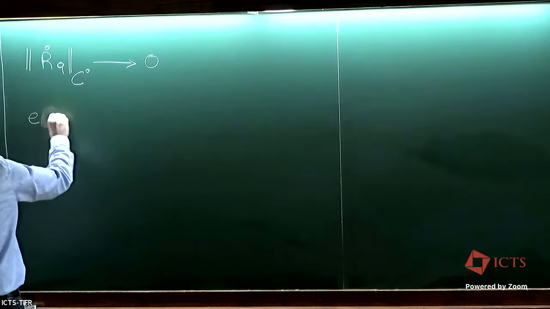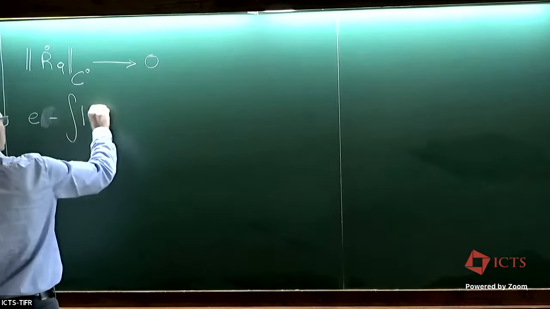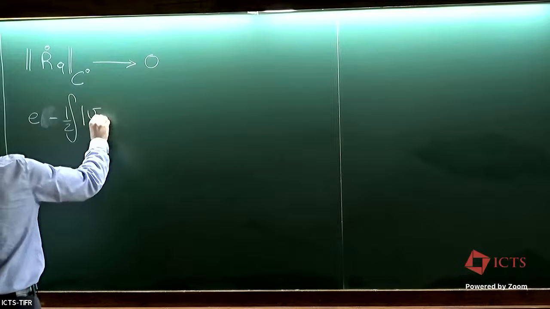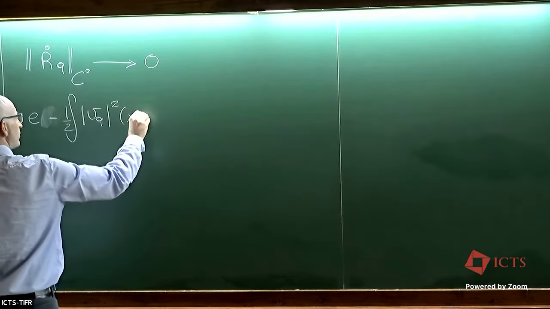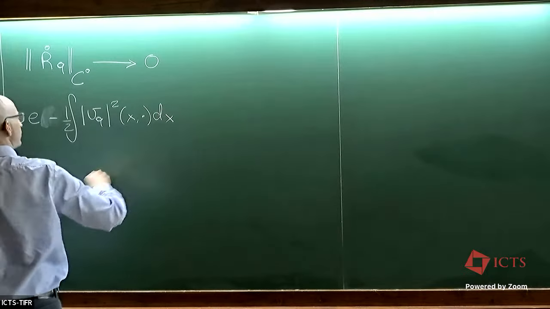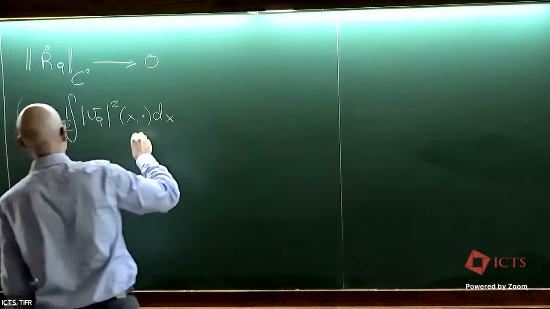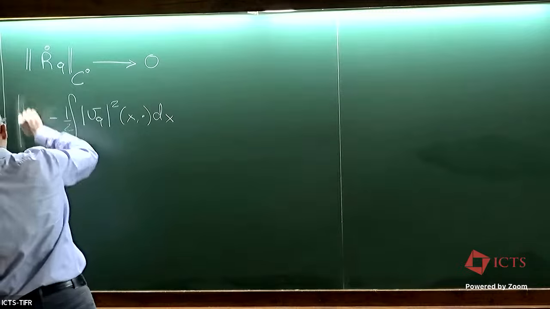That means that the limit of this sequence, which is now converging in C0, is going to be an actual solution of the Euler equation. And then I want E minus one half the integral of v_q squared of x dx to converge to 0 in C0.